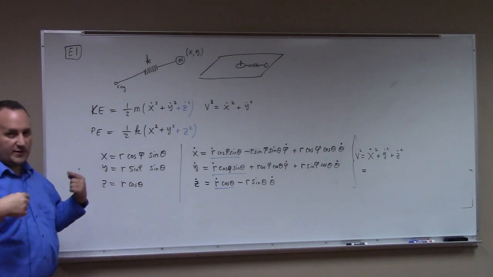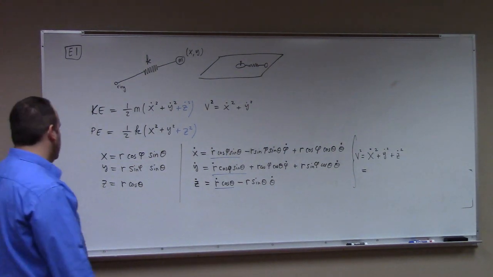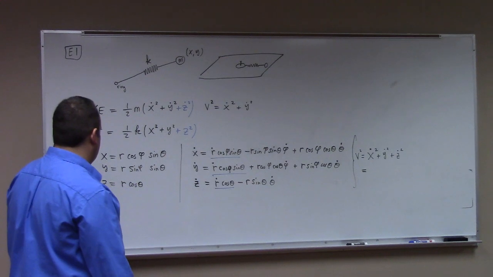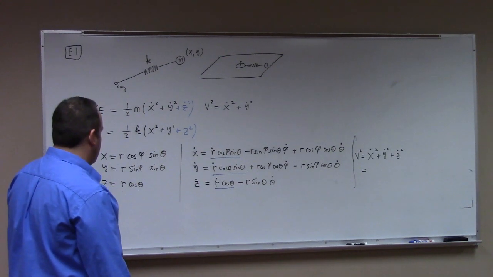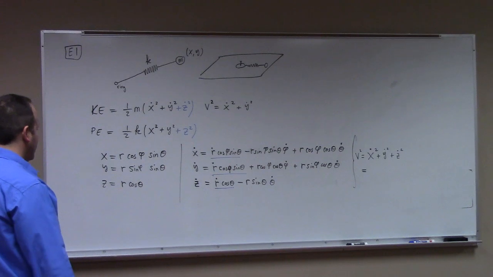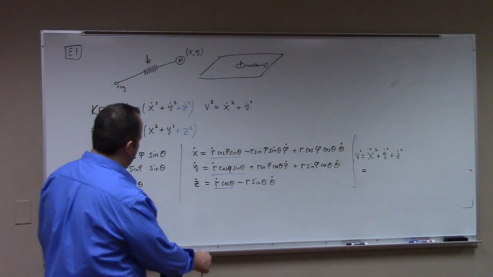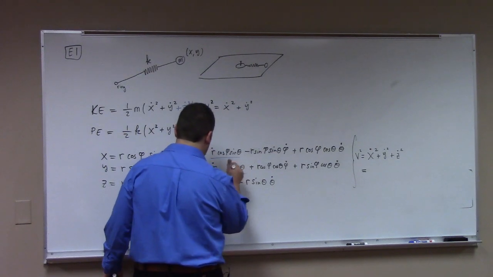When you take the squared parts from the x dot and the y dot, you end up with a cosine squared times sine squared plus... I must have an error.